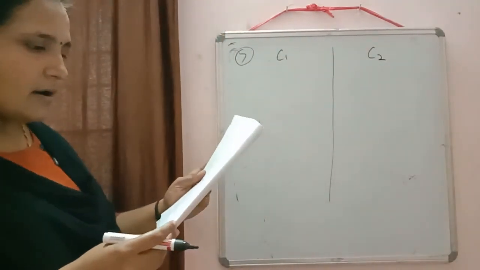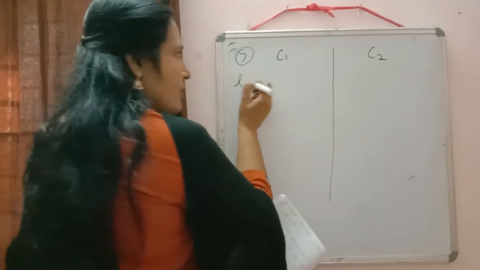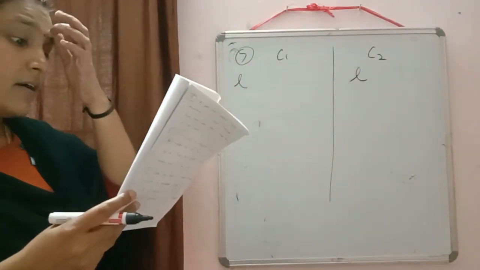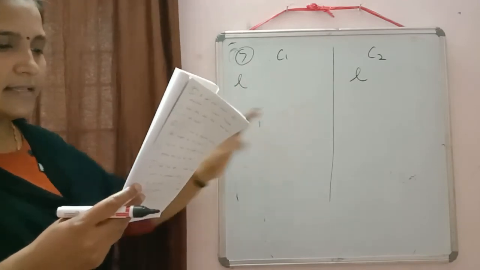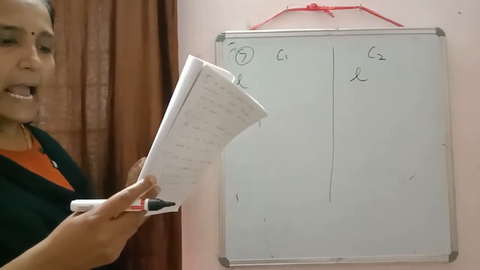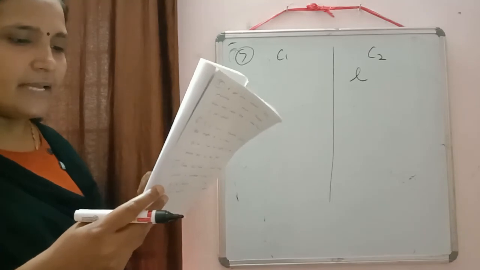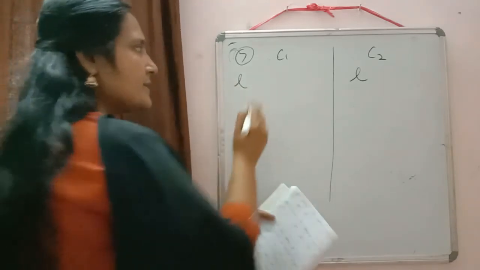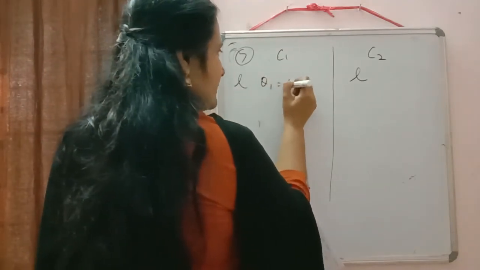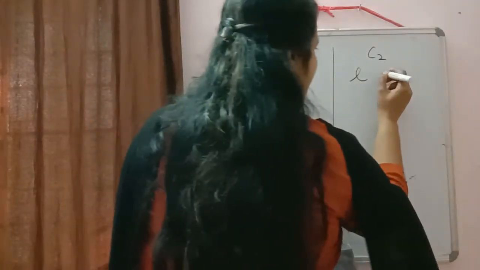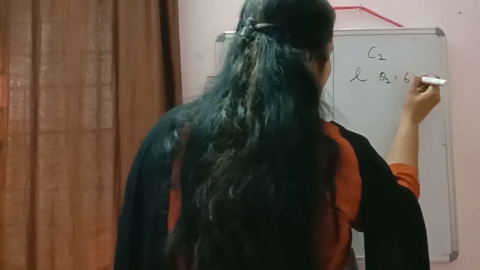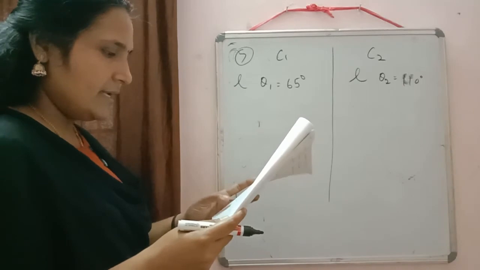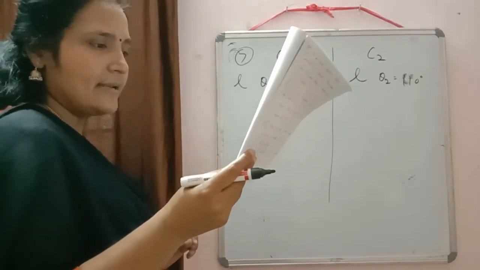The arc of same length, so I am taking as L. If the arcs of same length in two circles subtend angles 65 degree and 110 degree at the center. Angles are different. So here we have angle theta 1, 65 degree, and here we can take theta 2, 110 degree.